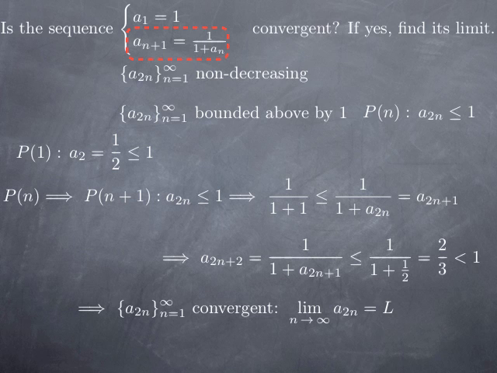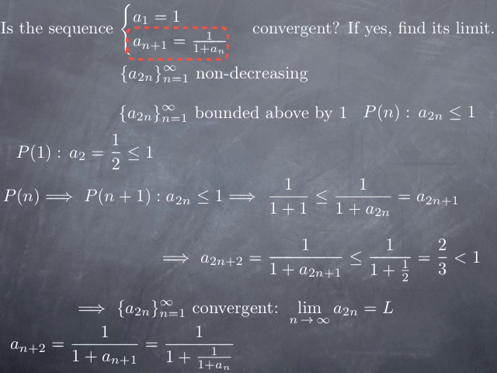Well, this is the way you go from an to an plus 1, and because I'm looking at just the even terms, I really need the relationship to go from an to an plus 2. But that's not hard to see because an plus 2 is 1 over 1 plus an plus 1, where an plus 1 is itself 1 over 1 plus an.